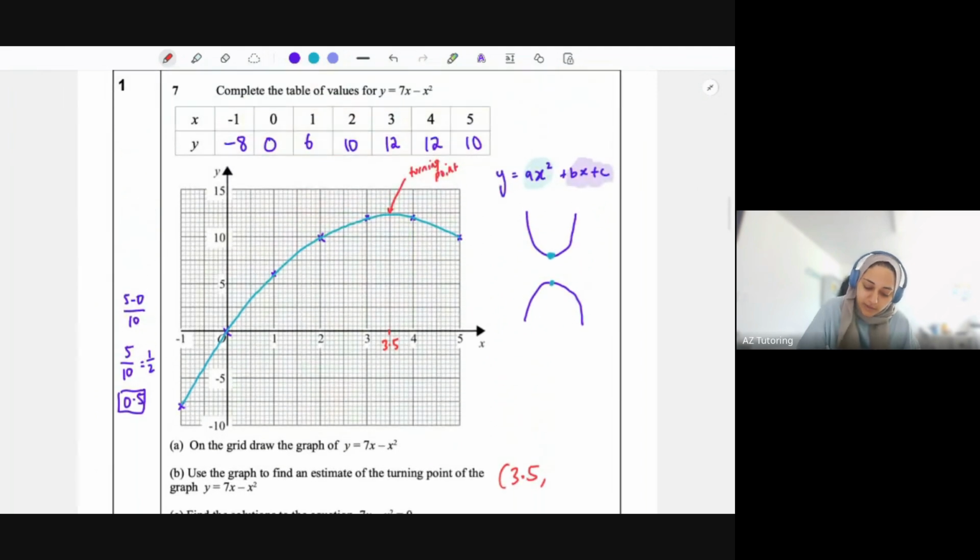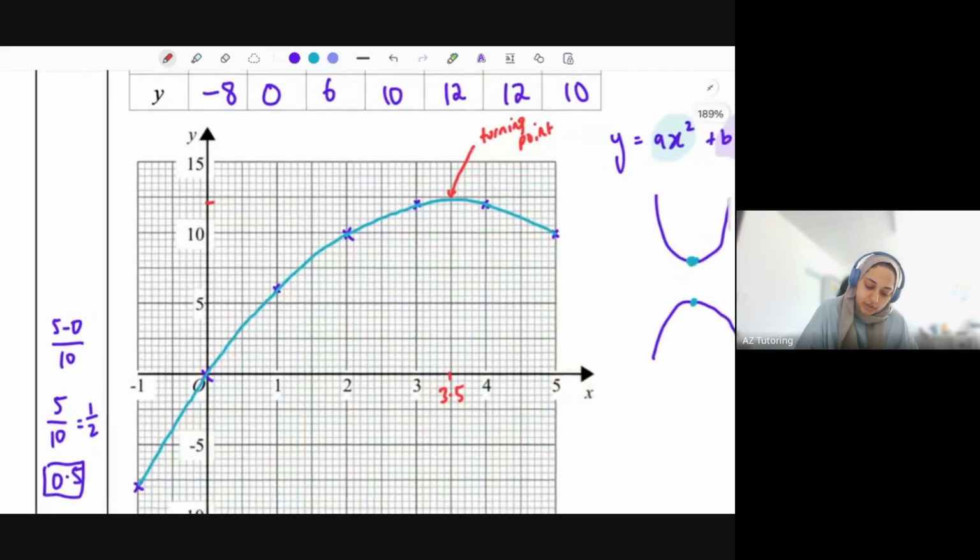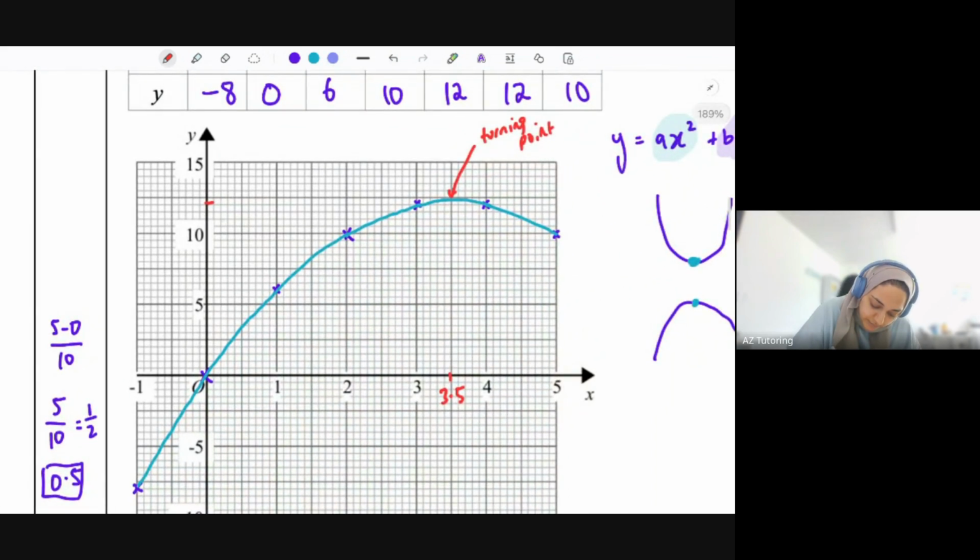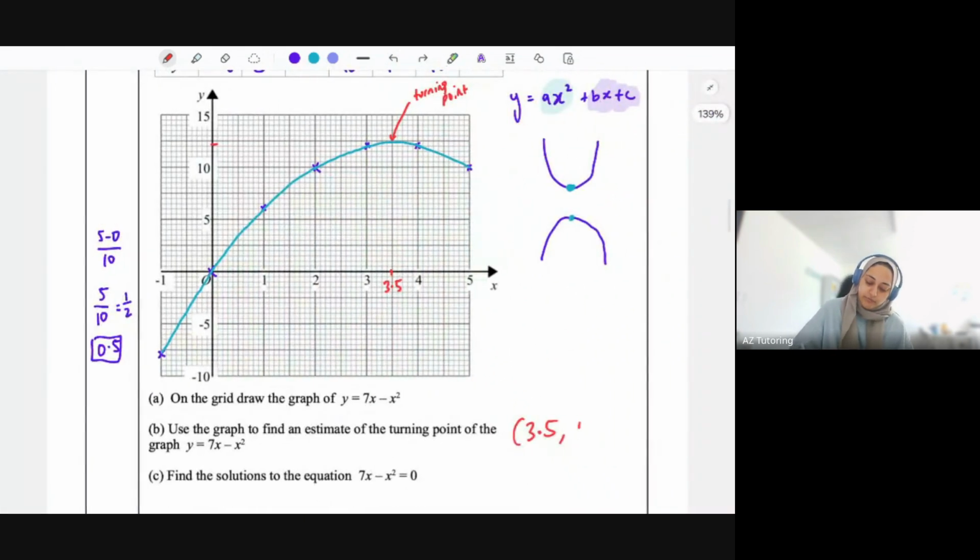And we just need our y value, so we can just read it off. They just want an estimate. And it is roughly around here, I would say. So that's 10, 11, 12. You could say that it's like 12.2-ish. So I could just write 12.2. But you'll get a range of answers for y that they'll accept.